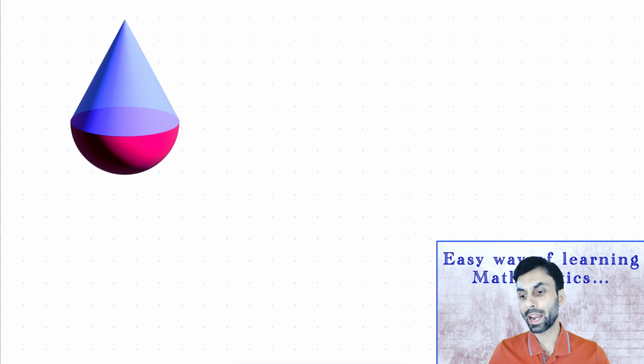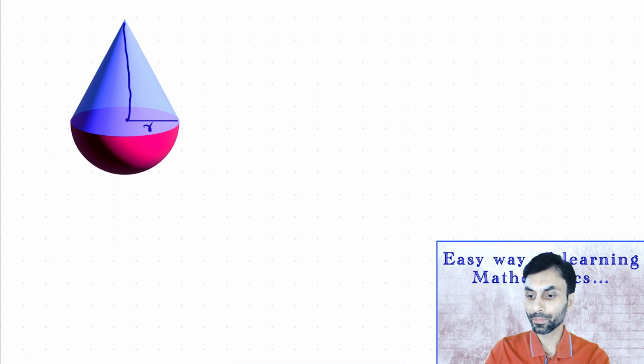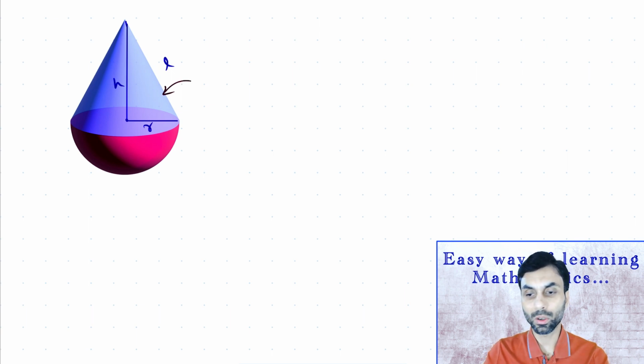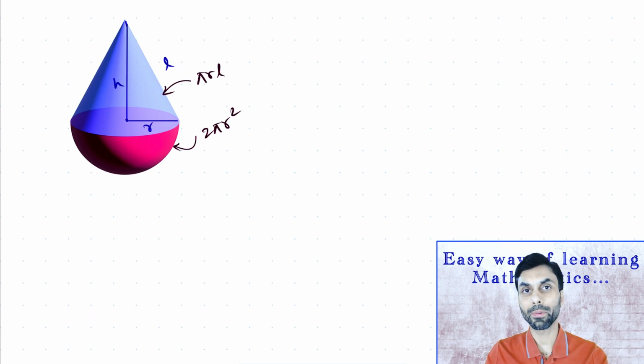Moving to the next combination, where we have a cone kept over a hemisphere. In this case, let us suppose the radius of the hemisphere and cone is the same, r, the height of the cone is h and the slant height is L. To find the total surface area of this object, we'll find the curved surface area of the cone, which is πrL, and the curved surface area of the hemisphere, which is 2πr². So the total surface area is πrL plus 2πr².